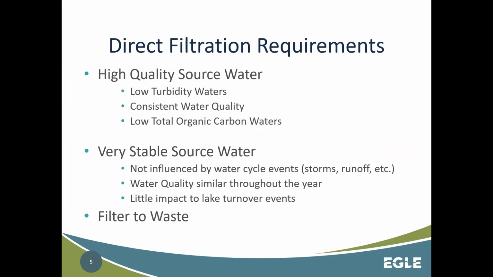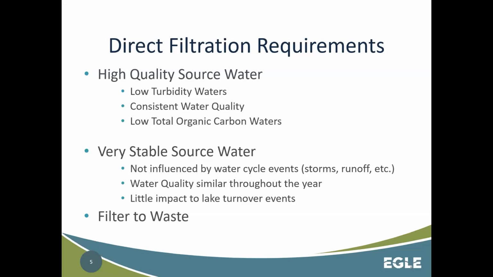Okay, so you might be wondering why direct filtration, and a few of the requirements if you're to have a direct filtration plant. The key thing is you have to have a high quality and stable source water. So low turbidity water, consistent water quality, also low total organic carbon.